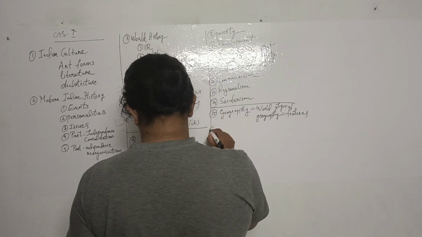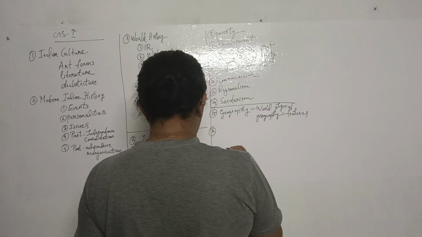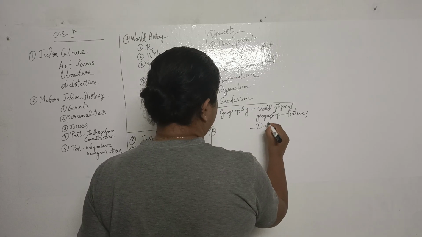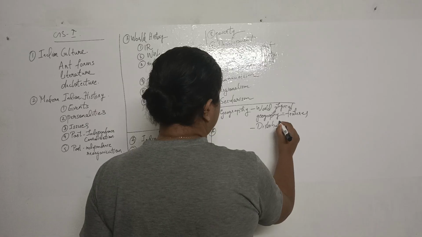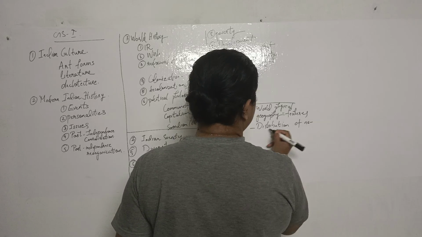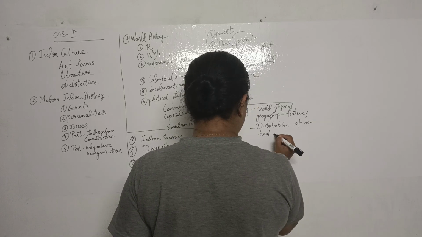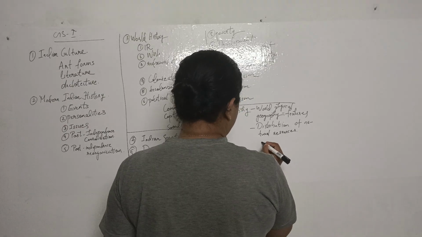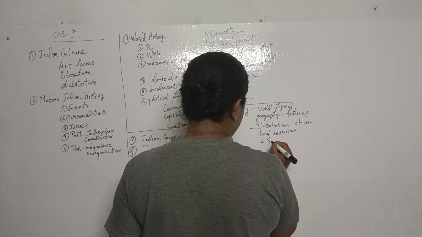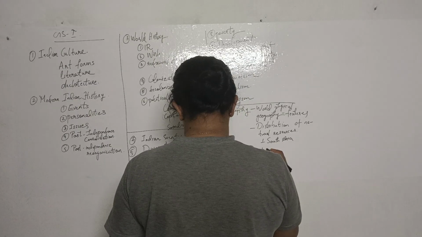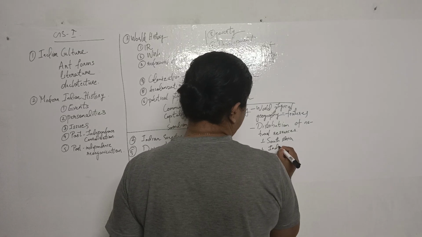Then the next topic in geography is distribution of natural resources. Mainly we have to focus on South Asia, then the Indian subcontinent.